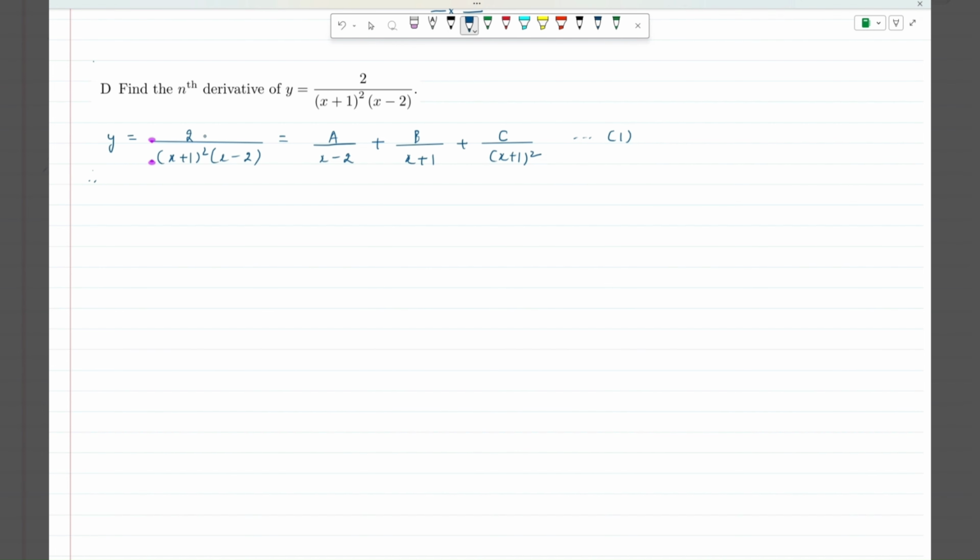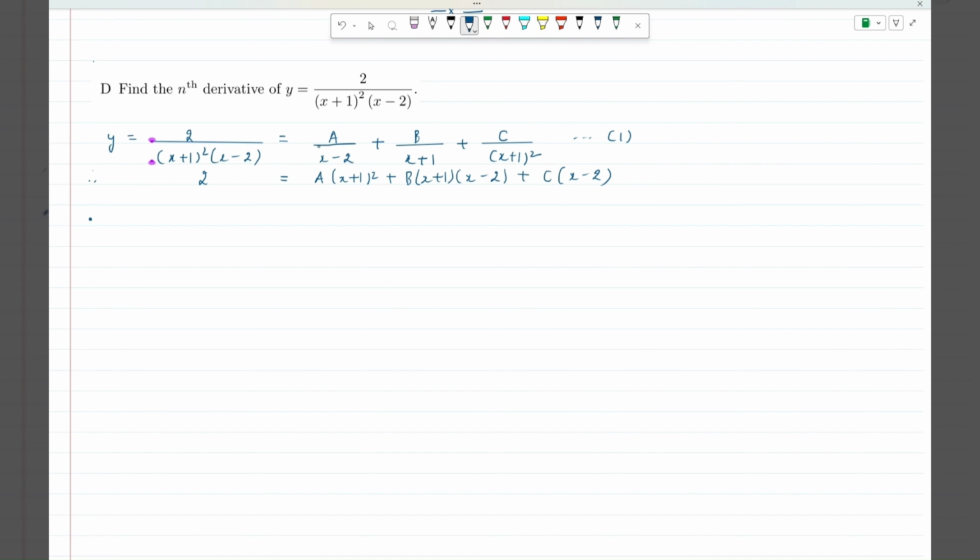And considering the second and the third expressions in equation 1, we'll just multiply by the denominator, which is (x plus 1) whole square (x minus 2). We will be getting 2 is equal to a into (x plus 1) whole square plus b into (x plus 1) into (x minus 2) plus c into (x minus 2).